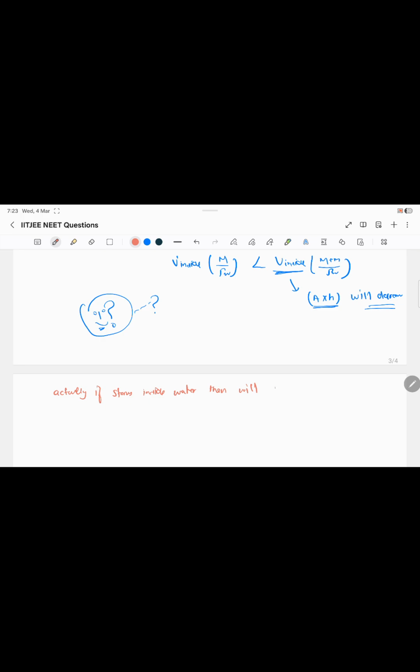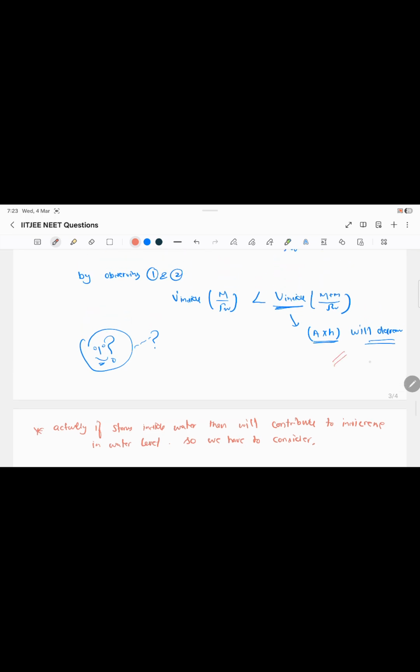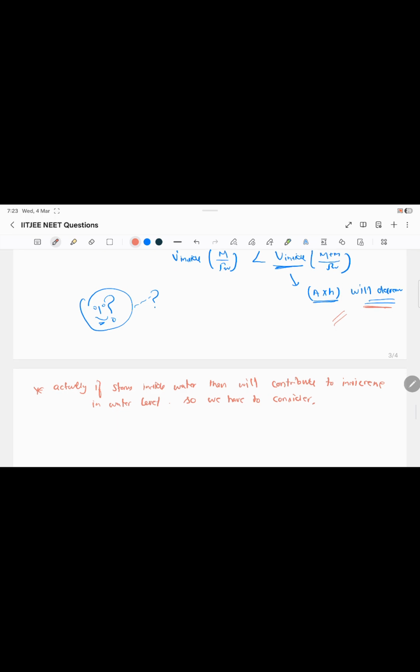They will contribute to an increase in water level. So we have to consider this also, because we can't just say that the volume will decrease. We have to consider that thing also.